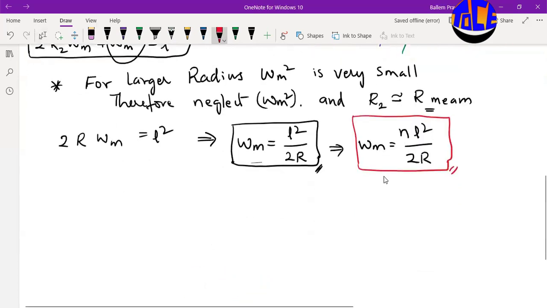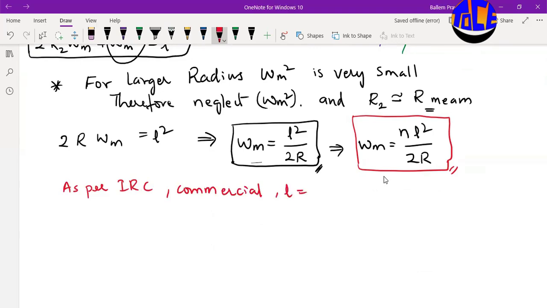Or suppose you want clarity on why we have neglected this Wm square, just do a calculation. As per IRC, for commercial vehicles, we'll consider L is equal to 6.1 meters. Let us put values as L equal to 6.1 square, and for radius, let me substitute 300.